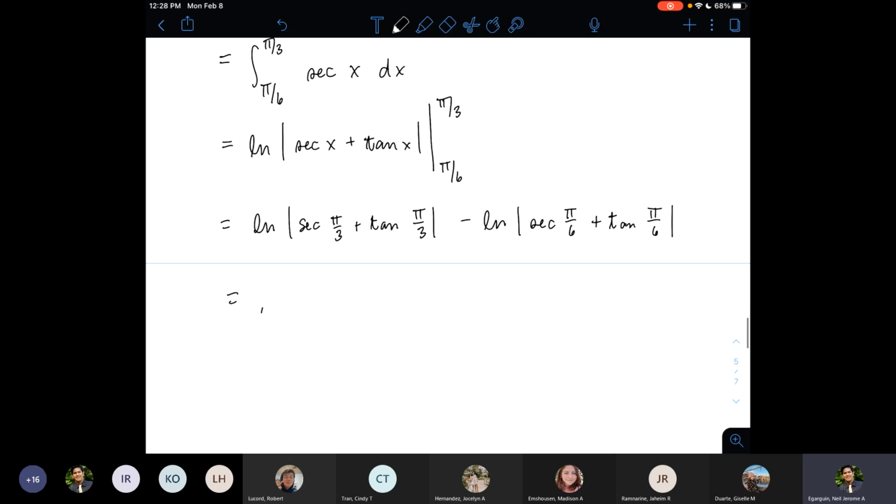So this would be ln of secant of pi over 3, which is 2, plus tangent of pi over 3, sine over cosine, which is root 3, minus ln of the absolute value of secant pi over 6, which is 2 root 3 over 3, plus tangent of pi over 6.